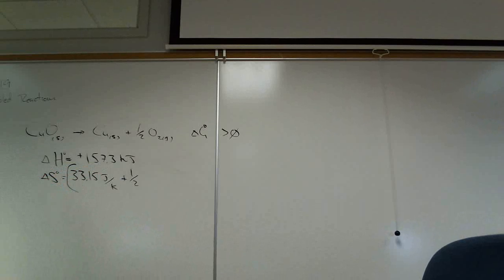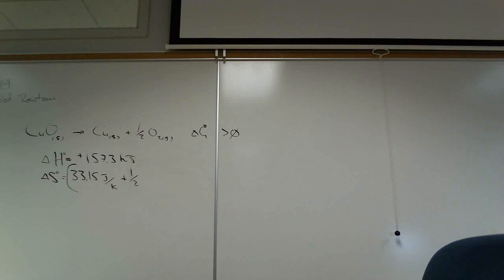Positional, because if you go back to Boltzmann's equation for entropy, what is it? The entropy is equal to k ln W. W is the number of ways you can arrange the different particles. The more ways you can arrange it, the higher the entropy; the fewer ways, the lower. We call that positional entropy because it depends on the position.